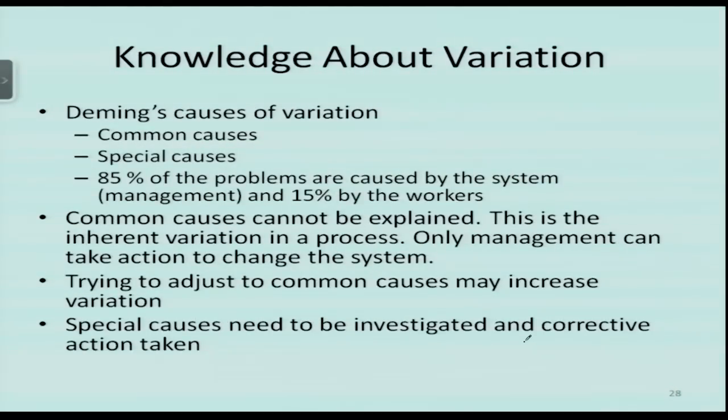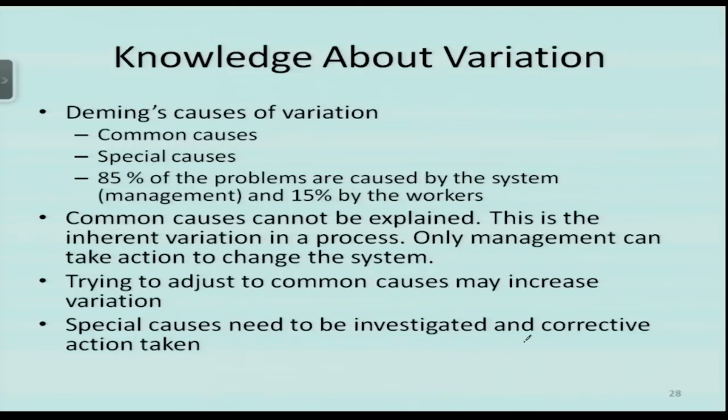What Deming also talked about in terms of variation is that he described two types of variation and their causes. One is the common causes, which is the inherent variation that I talked about earlier, and the other is special causes, which are those outliers, those out of control points.